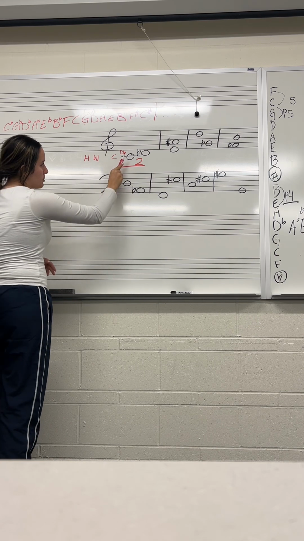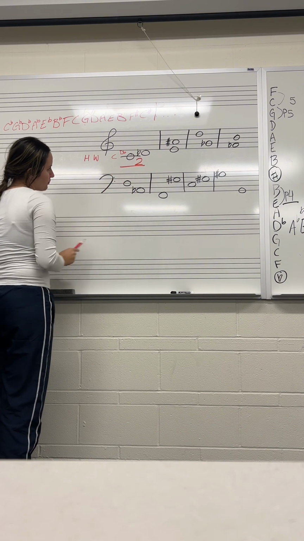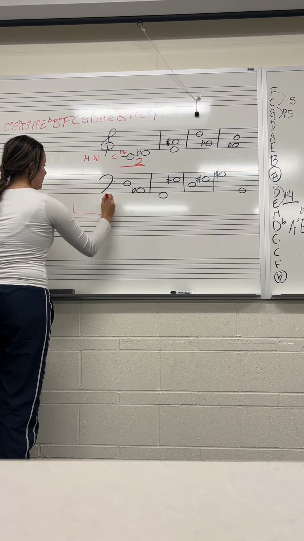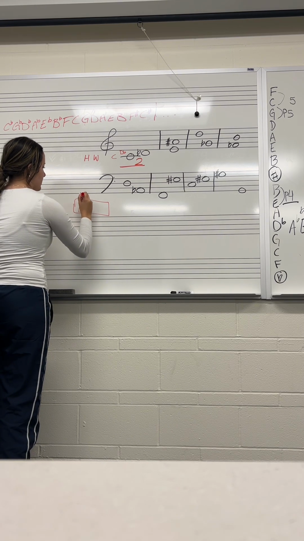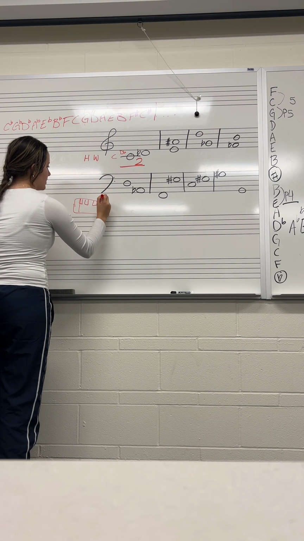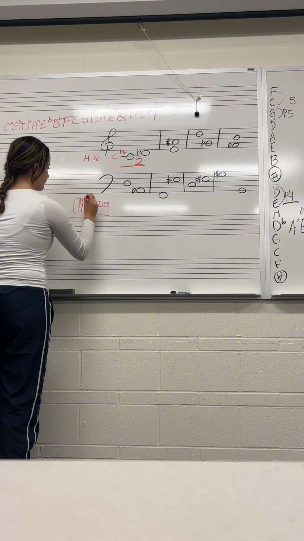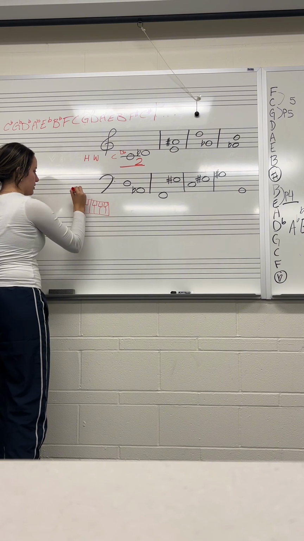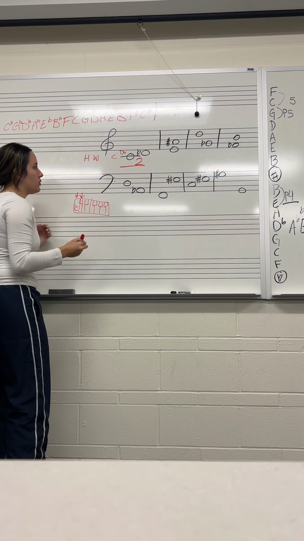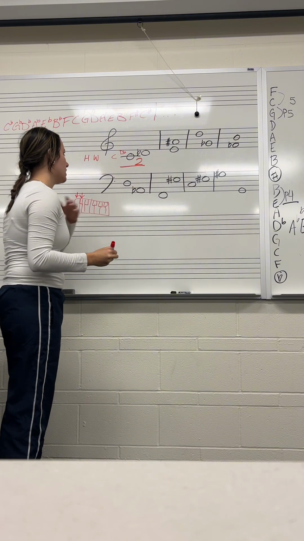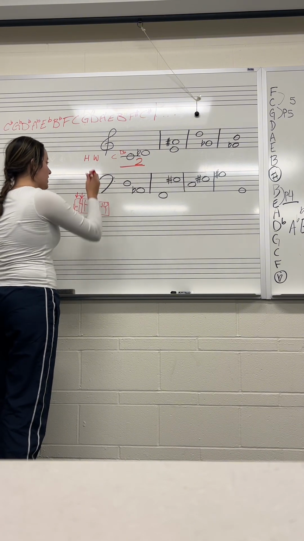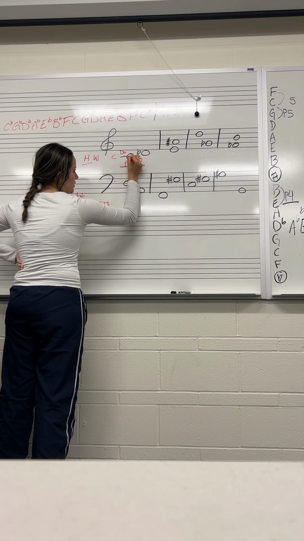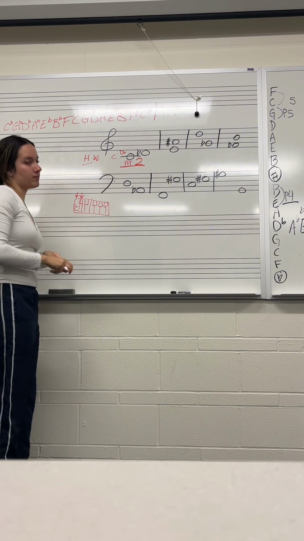So if we look from C to D flat, if you had even a keyboard or something, you'd recognize that C to D flat is a half step. There's no notes in between these two notes. So a half step would usually be considered a minor second because there are no notes in between.